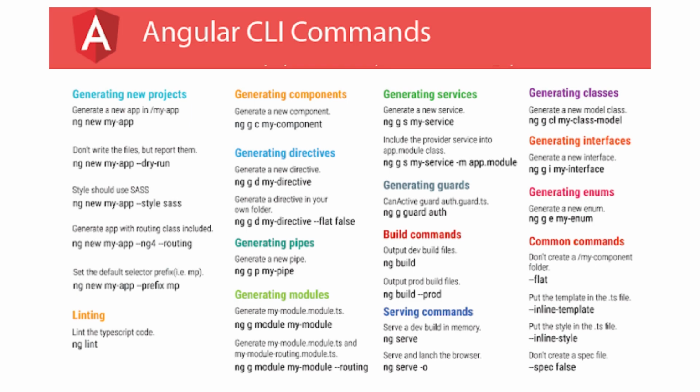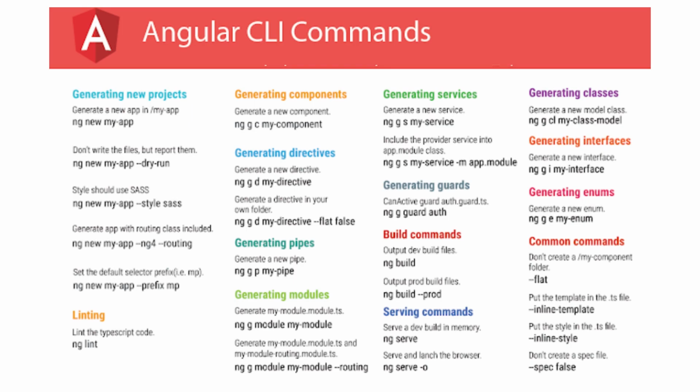Next, after this, you can see the fourth column, that is generating classes. In Angular we have classes also. To generate classes or model classes, the command will be ng generate cl. Here we don't have c alone, because if you give ng g c, it will be considered a component.